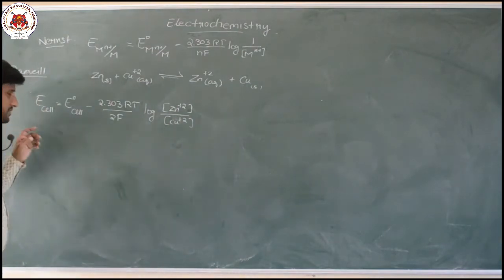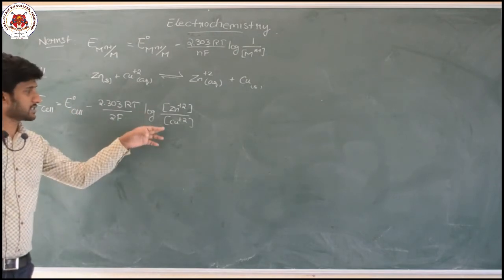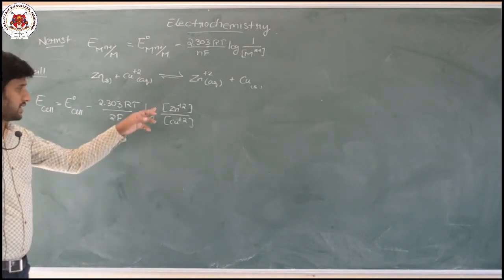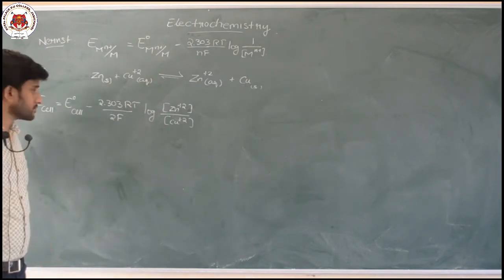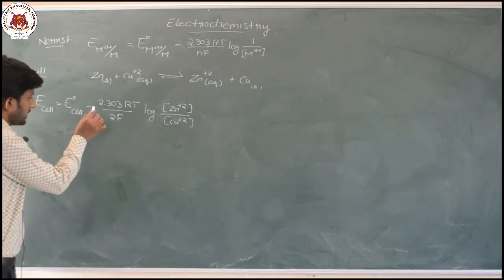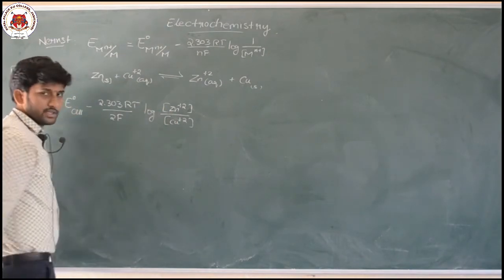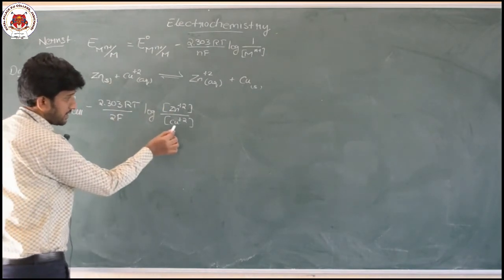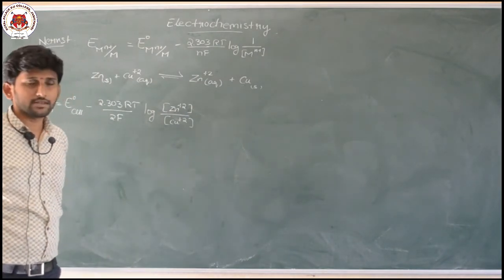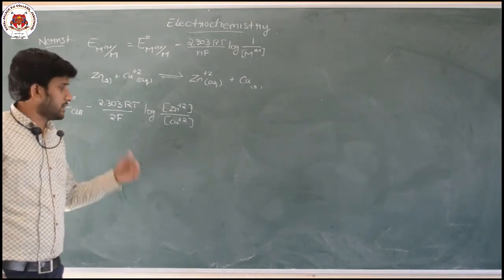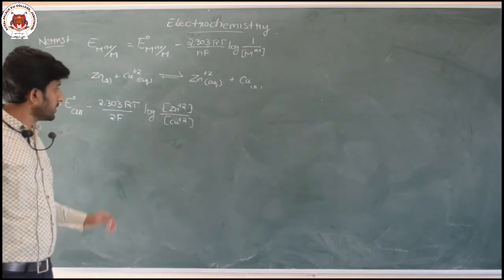And also we have seen the interrelation between the EMF of the cell and the concentration of the electroactive species, that is the concentration of zinc ions and copper ions. I said, since the negative sign is there, this E cell is inversely related to the concentration of zinc. It is directly proportional to the concentration of copper. When the galvanic cell, that is the Daniell cell, starts the reaction, what will happen?